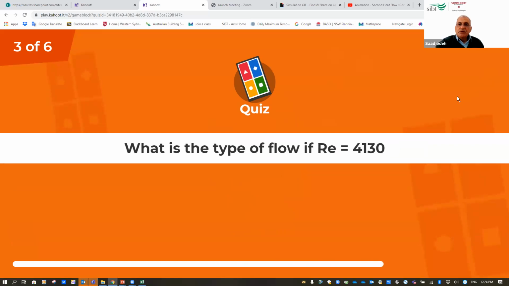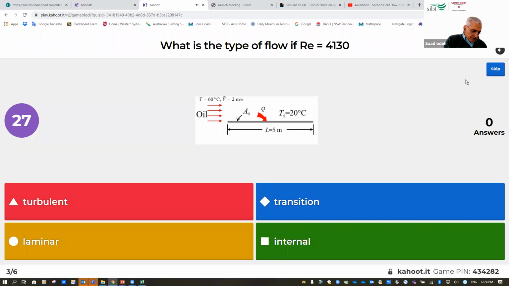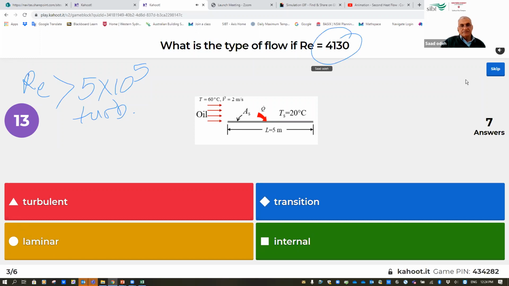So what type of flow? Remember, we said if the Reynolds number is greater than 5 times 10 to the power 5, it will be turbulent. So which one of these now, if we have this Reynolds number?